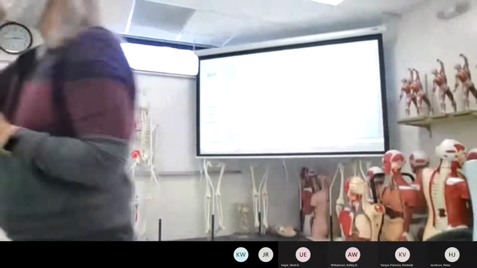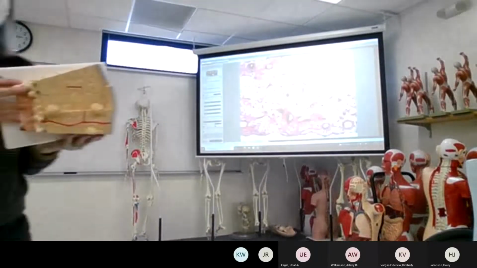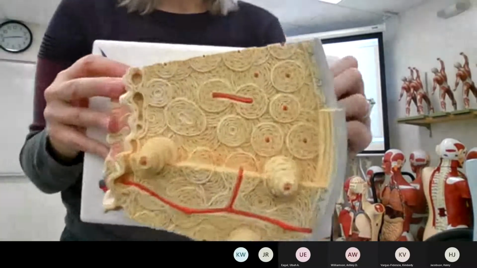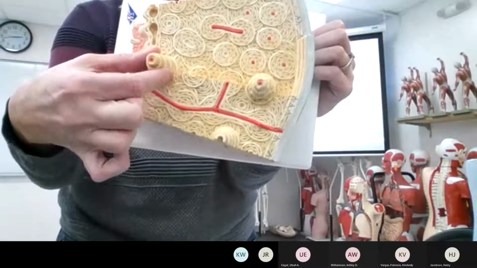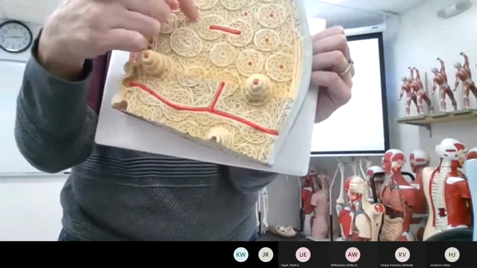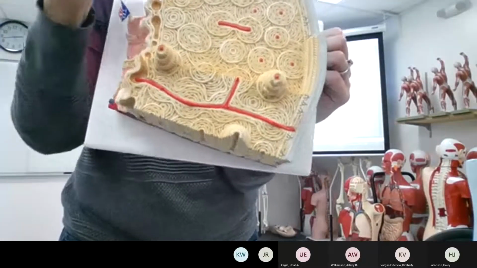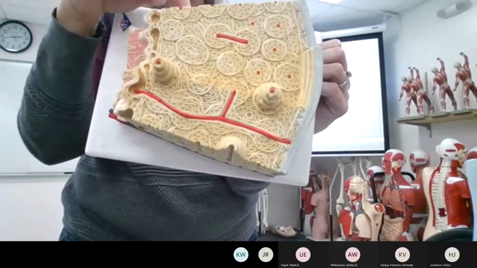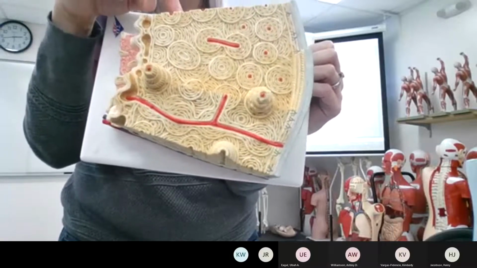Okay? Now, for a model, we have this model. Again, you're seeing some osteons. The white material, the solid matrix, is the lamellae. The cells embedded look like little ants almost. Those are the osteocytes.